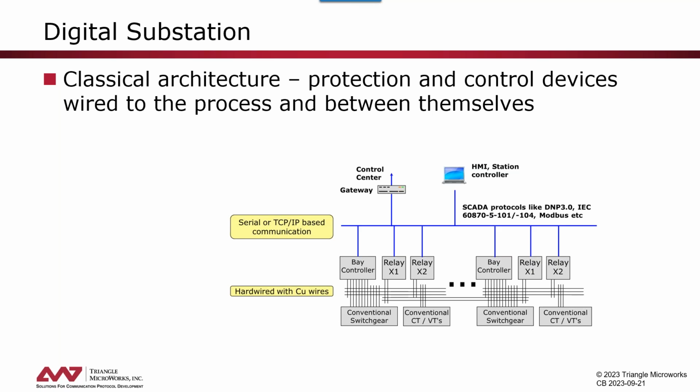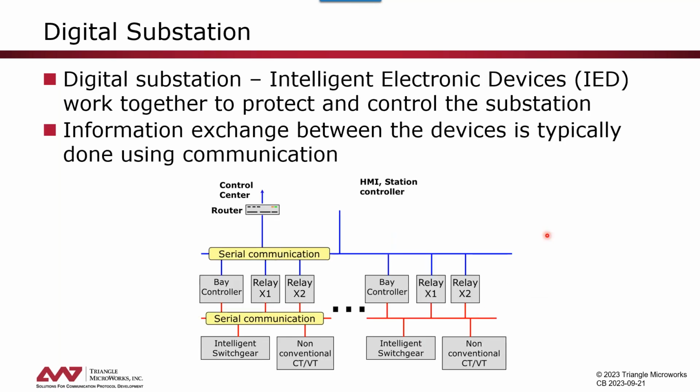In the substation protection and control system, traditionally, we have relays that are wired together, that are wired to the process. Signals are exchanged over these wires as binary or analog information, and that's basically what realizes the applications in a classical design. When we now move to a digital substation, things have changed a little bit.